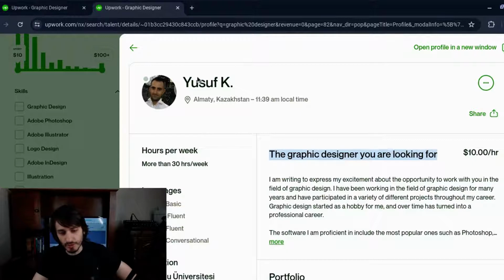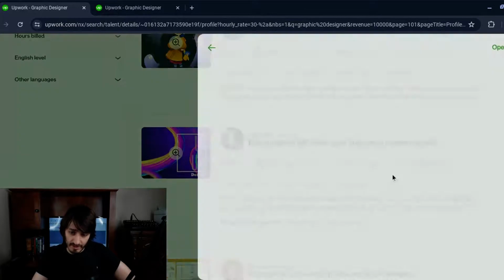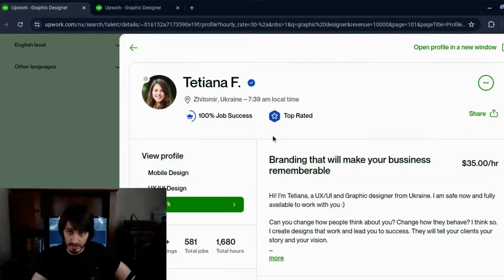What we're going to do here is look at the profiles of graphic designers who are successful, and see how many of them use weird jokes like that. All right. Branding that will make your business rememberable. This one feels similar. I find it really interesting that the first one we see is one of those sentences.